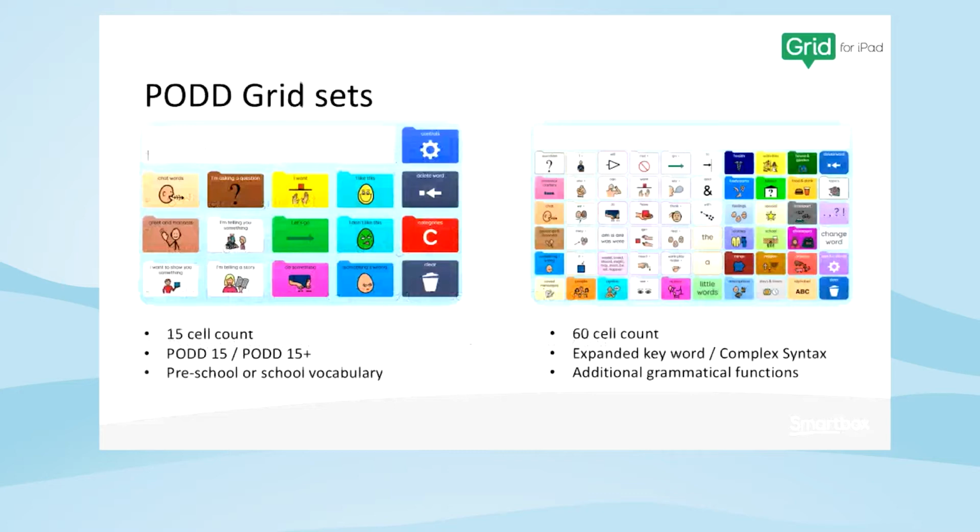We also have 60 cell count versions of PODD: PODD 60 Expanded Keyword and PODD 60 Complex Syntax. These both add more grammatical functions and more vocabulary to allow users to create more grammatically correct sentences. So, for example, changing verb forms by adding ed or ing, and adding some of the smaller words that make a more grammatically correct sentence.